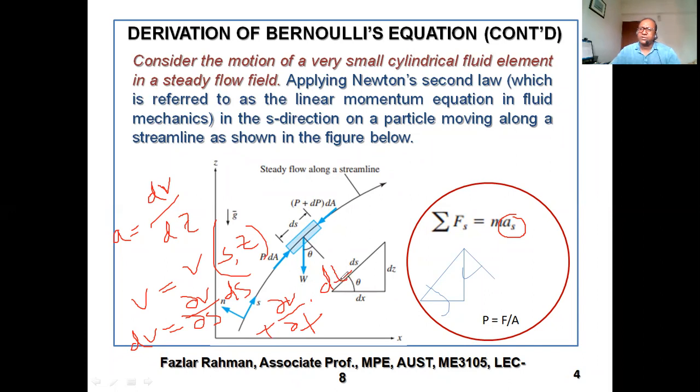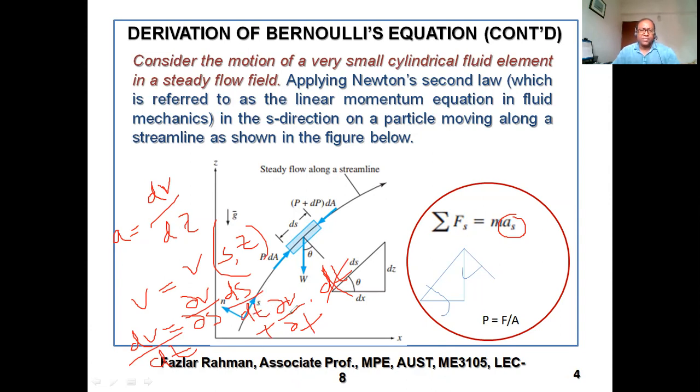Now on both sides, you divide by dt, then this dt will be out. So you are getting dv by dt, and over here, you will get ds by dt.